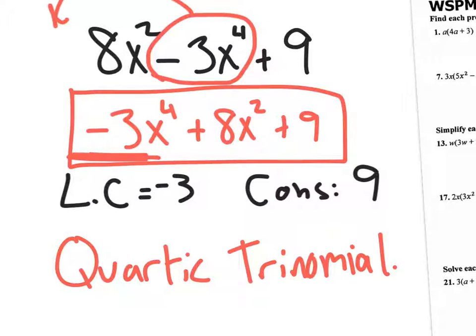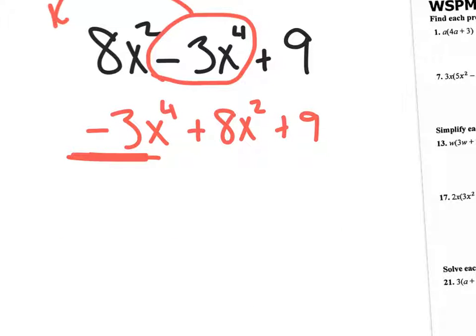And in addition to all these vocab words, and in addition to rewriting it in standard form and identifying the leading coefficient, the degree, and the constant, in addition to all that stuff, we're actually going to be adding polynomials with polynomials and subtracting polynomials with polynomials. So, let me make some space here.